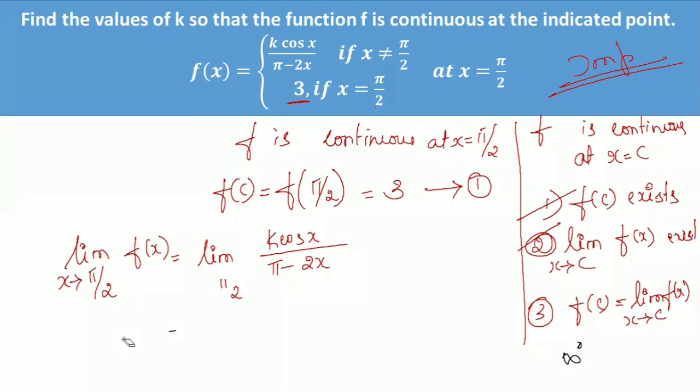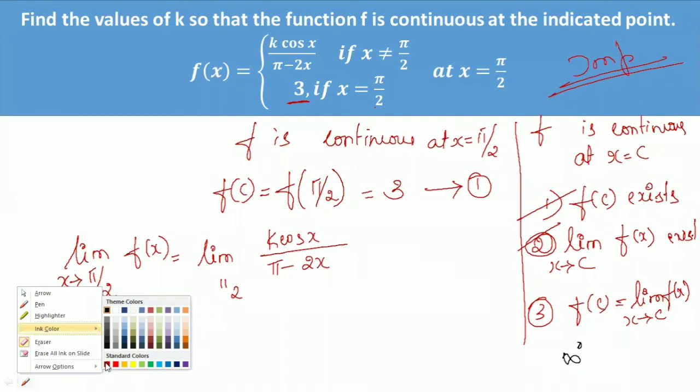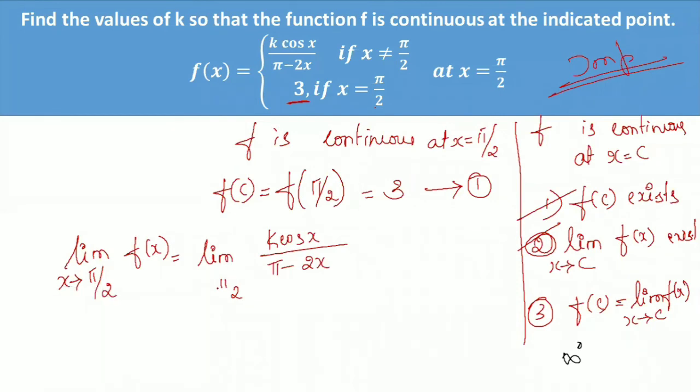Have you understood why we cannot put x is equal to pi by 2 directly? Yes, because if we put x is equal to pi by 2 directly, we'll get a 0 by 0 form, as it is not defined. So I'll write cos x as sine of pi by 2 minus x. Can I write it in this form, students?